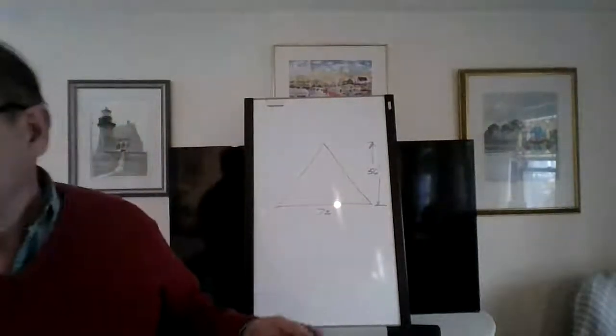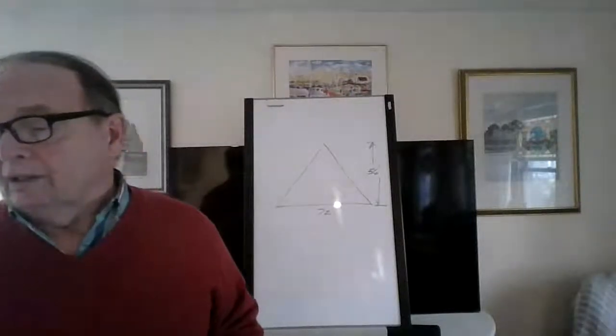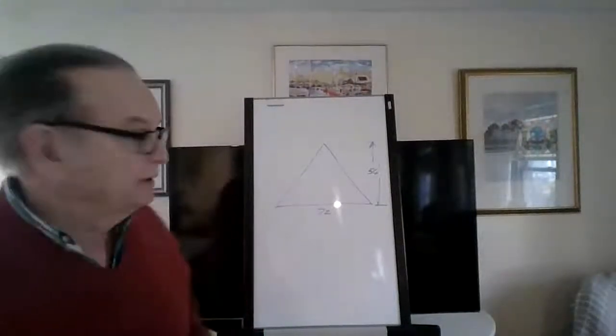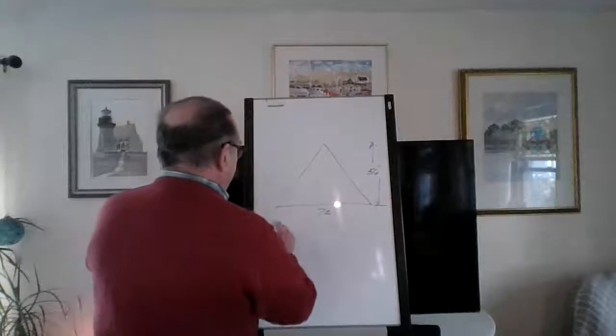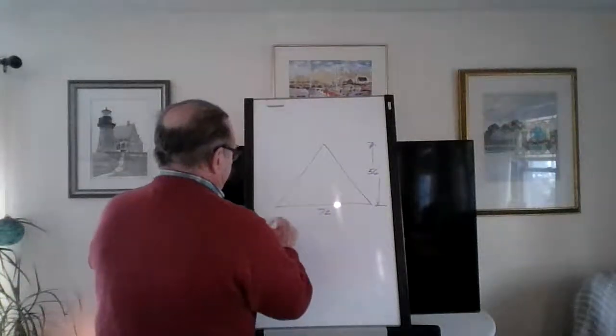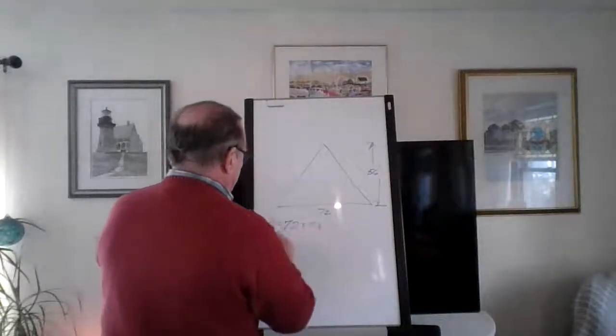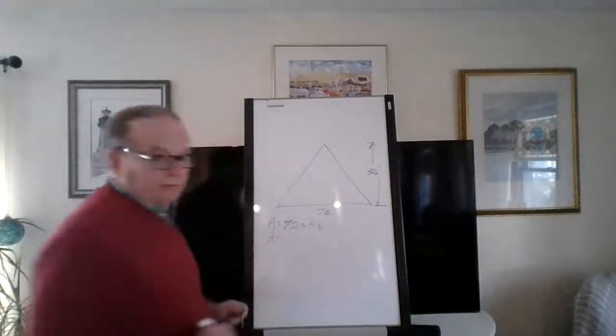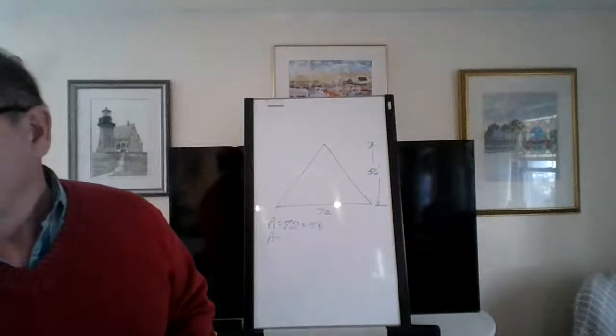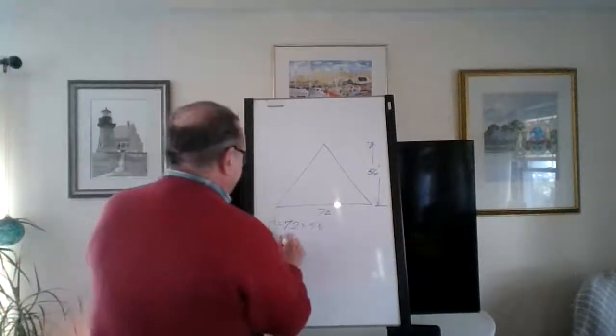So how do we do this? We take the 72 times 56, and they tell us that that is going to be 4,032.